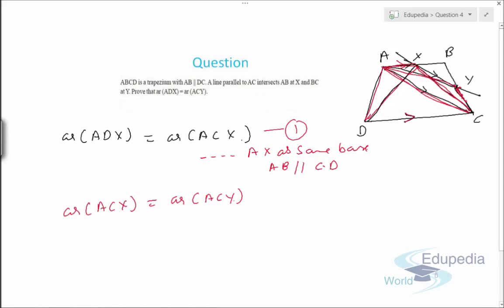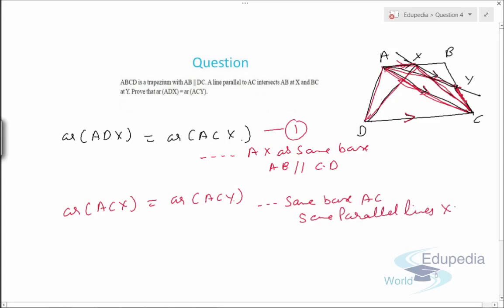Now you can see they have the same base AC, and they are between the same parallel lines XY and AC. We can say XY is parallel to AC. So let this equation be true.